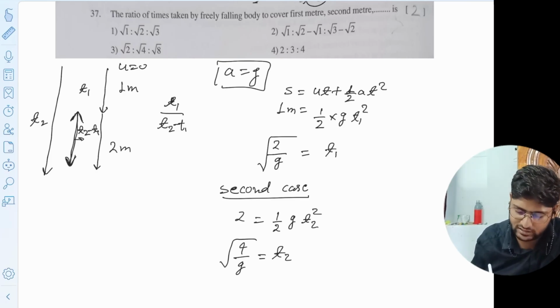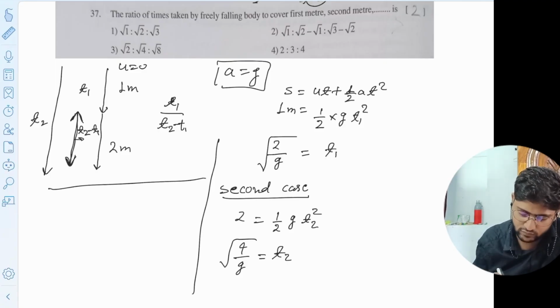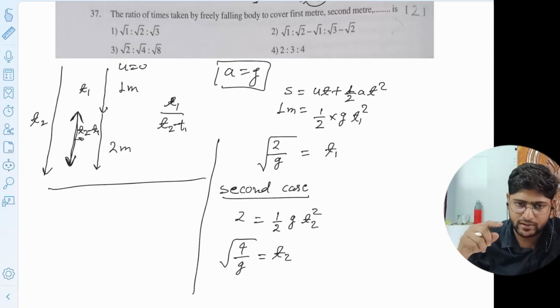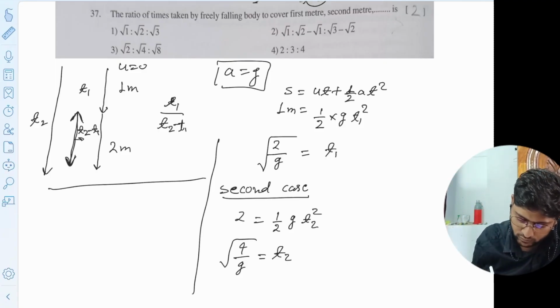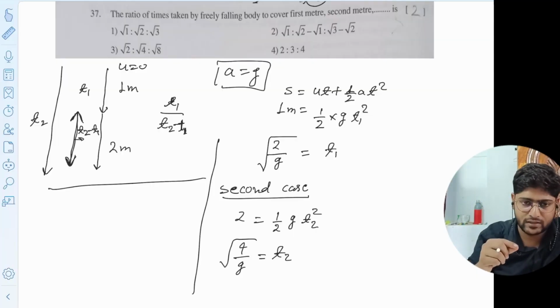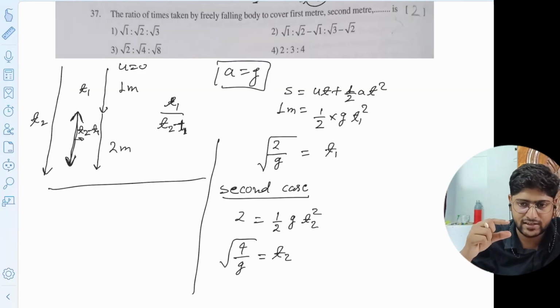Now which ratio do we have to take? T1 divided by T2 minus T1. We already discussed how T1 and T2 minus T1 come: total time is T2, and only for the second meter it is T2 minus T1.